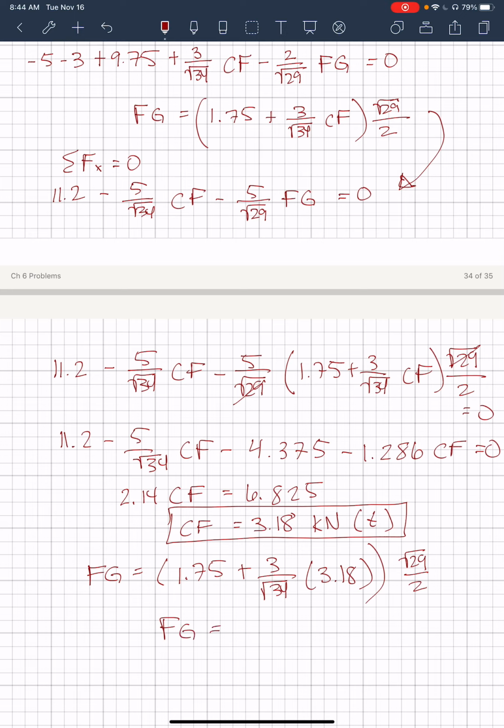So we get 9.12 kilonewtons. And it's in tension because I got a positive number.